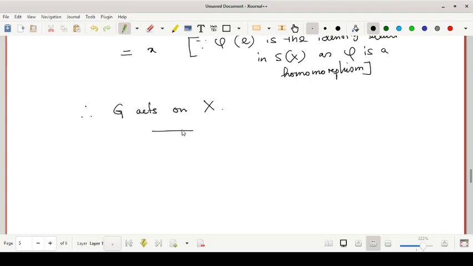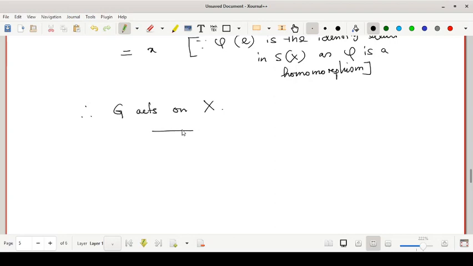It unveils the picture of when a group can act on a non-empty set. If you can define a homomorphism from the group to the corresponding permutation group of the set, then yes, it is possible to define an action. See, I am saying only that it is possible to define an action. I am not saying that it is the only action. Do you follow?